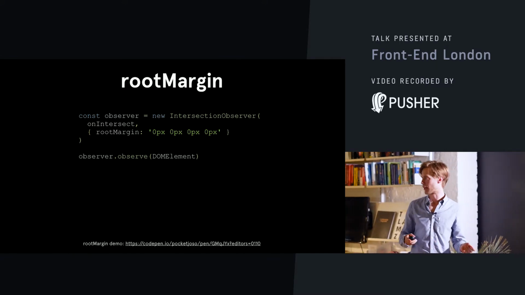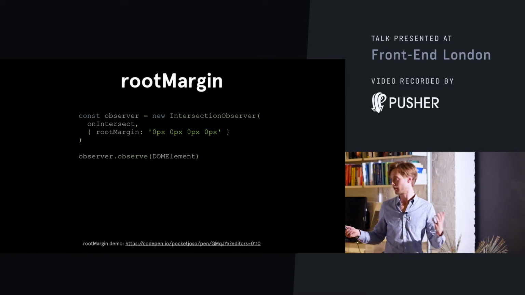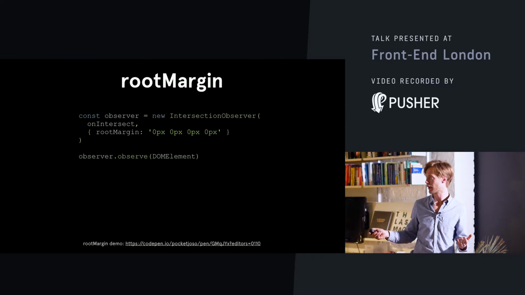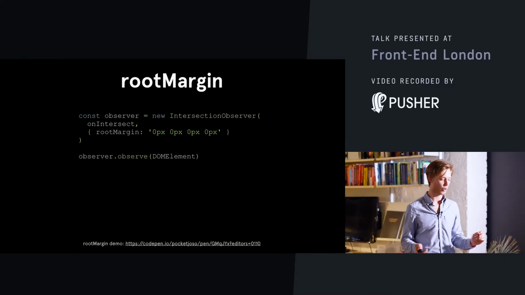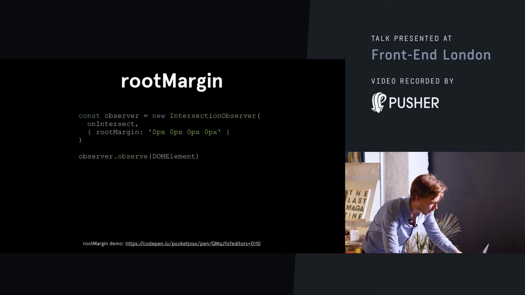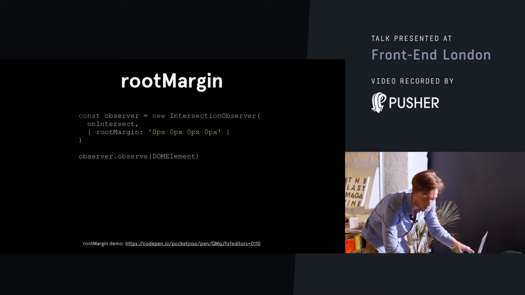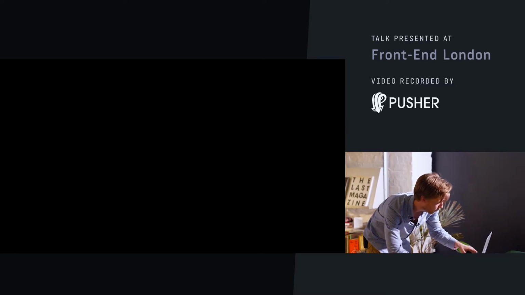And I'll show you what I mean by that. But first I just want to say root margin is a CSS margin. It's top, right, bottom, left, just as we're used to. It can be pixels or percentages. No other values are supported currently. And yes, you can use negative margins, which is also very useful.